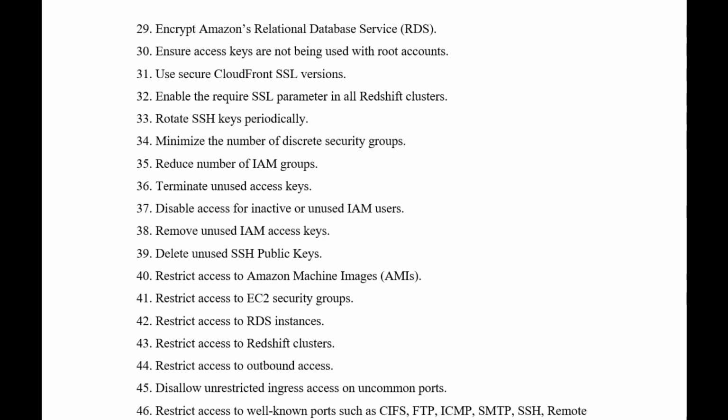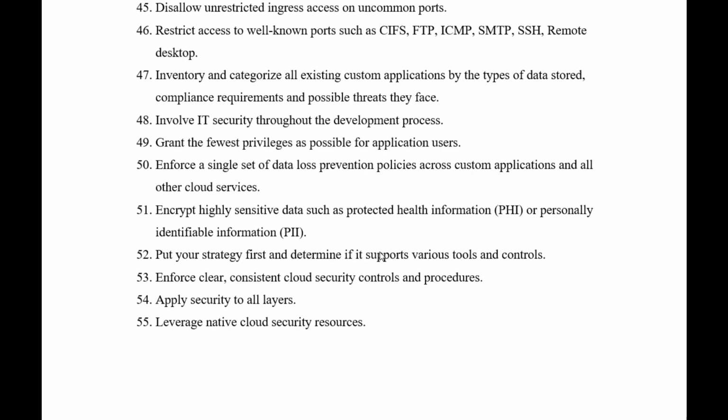And 46, moving forward, restrict access to well-known ports such as CIFS, FTP, ICMP, SMTP, SSH, remote desktop. If you want to have those ports open, you can specify a known resource or known IP address, instead of opening to the world, in the security group rules.